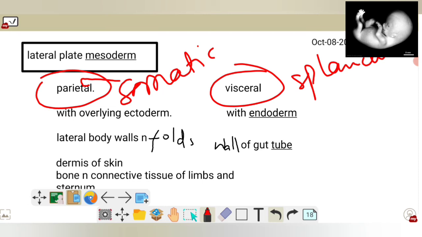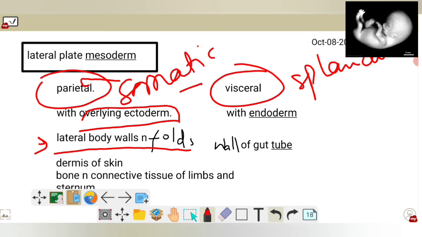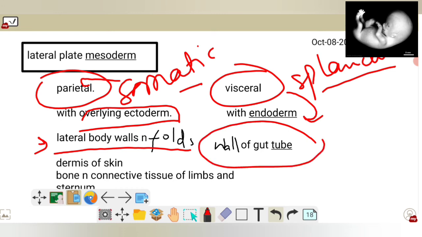Now this somatic mesoderm with overlying ectoderm forms the lateral body wall and folds, that is the dermis of the skin, bone and connective tissue of limbs and sternum. And the visceral, that is the splanchnopleuric mesoderm with the endoderm, forms the wall of the GIT.